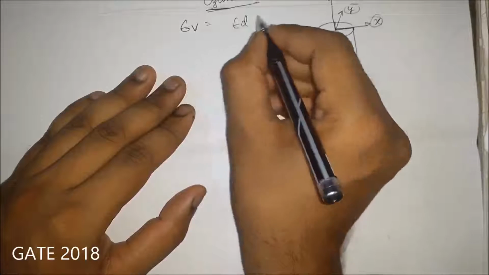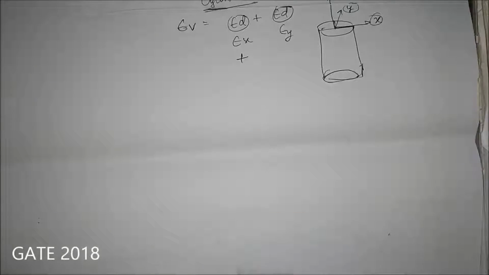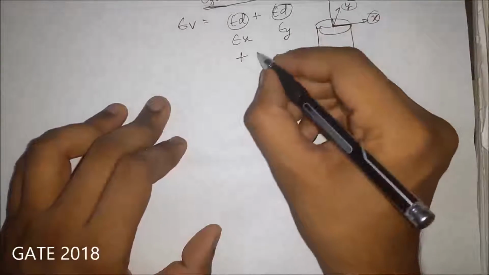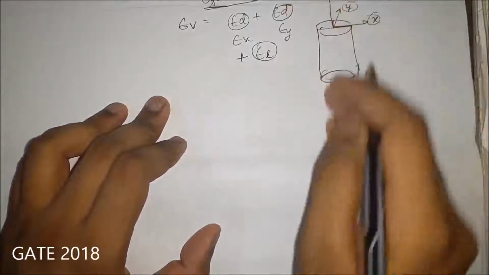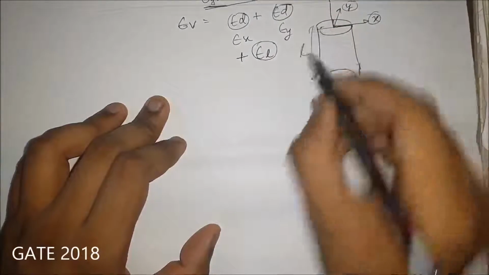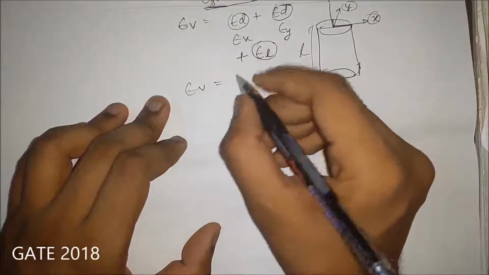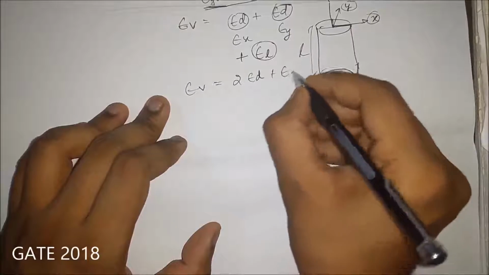So this is in x direction, this is in y direction, and in z direction we have epsilon L across its length L. So ultimately volumetric strain for the cylinder will become 2 times epsilon D plus epsilon L.